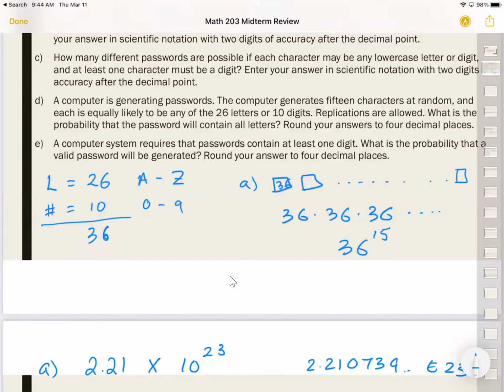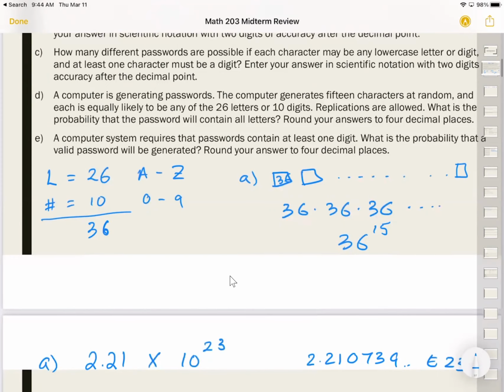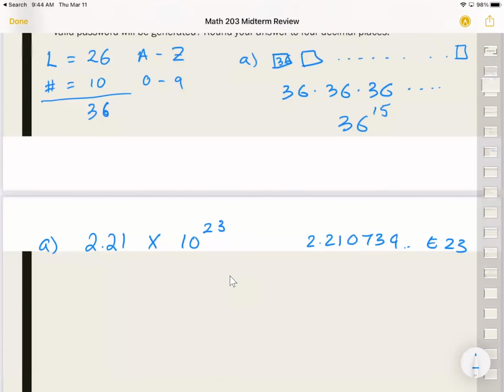This one is 15 characters, and as you can see, that's a lot of numbers. I don't even know what that number is called. This is just to give a rough idea.